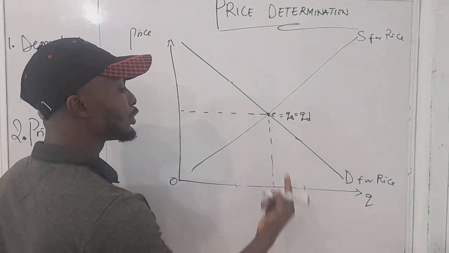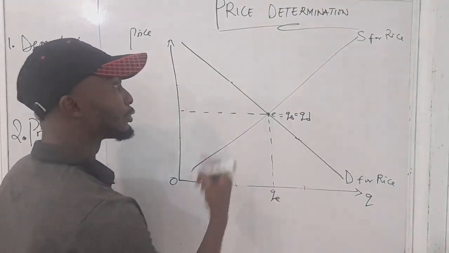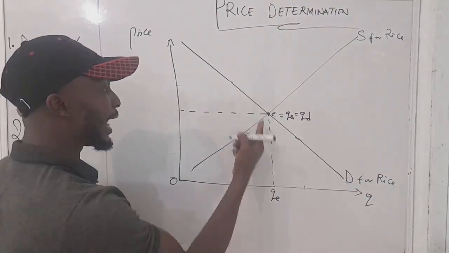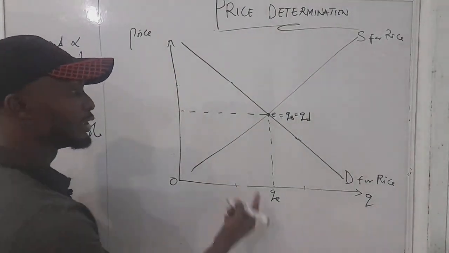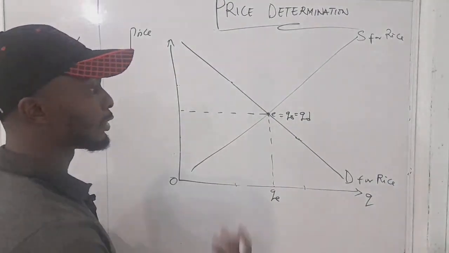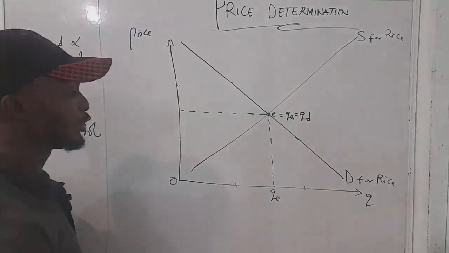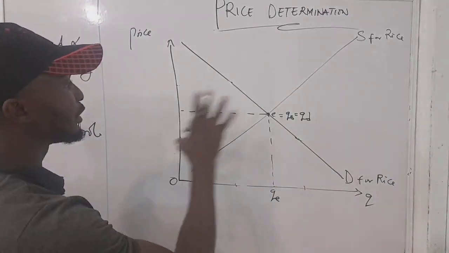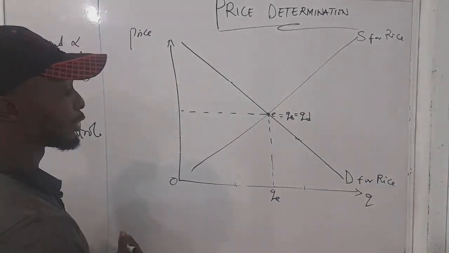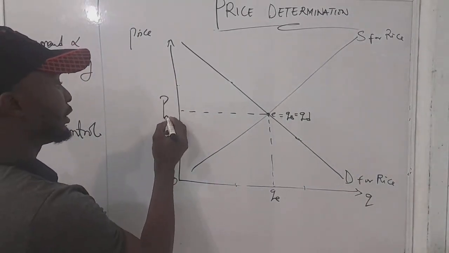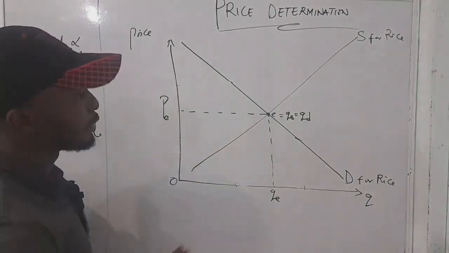We call this QE because it is the same quantity for demand and also the same quantity for supply at this price. So the equilibrium price is the price at which demand equates supply, and the equilibrium quantity is similarly the quantity at which demand is equal to supply. So let's call this the price E, and this is the QE. So now we have the equilibrium position.